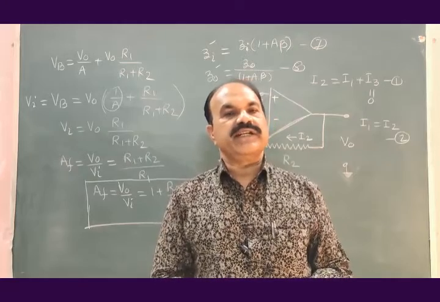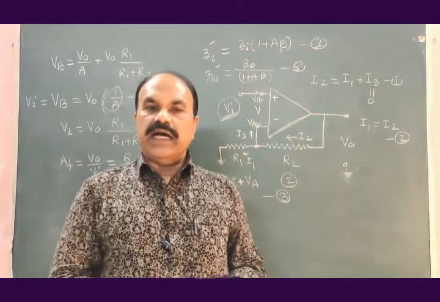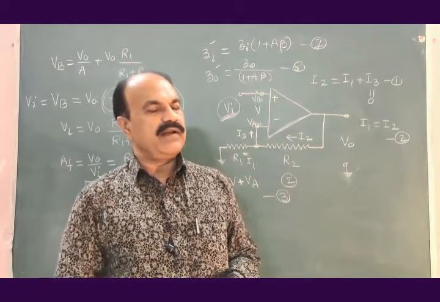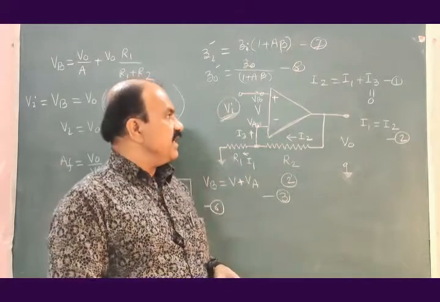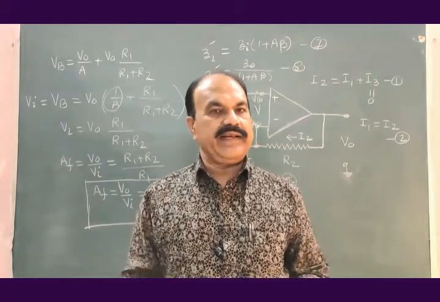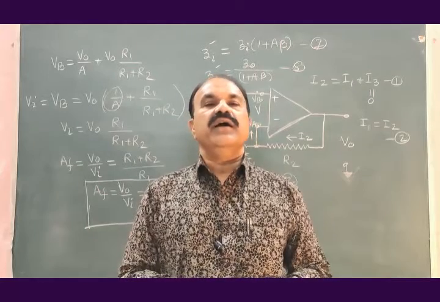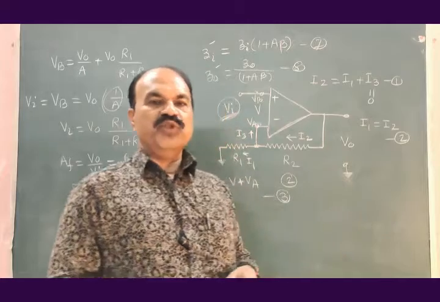This is the cost advantage of an op amp when it is used as inverting or non-inverting operational amplifier with negative feedback. This is about op amp as inverting amplifier in the earlier article, and in this article op amp as non-inverting amplifier. Hope you got both these articles.